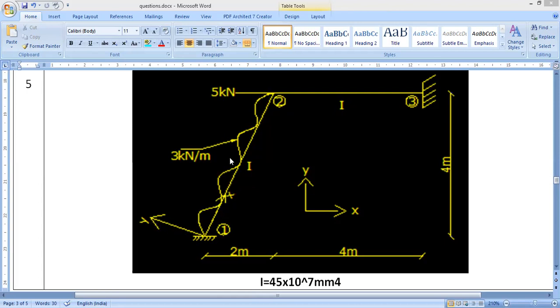Since this loading is opposite to that, it is in the negative direction of the local y-axis. Therefore, you should consider minus local y-axis for applying the load here. That is the major crux in this problem.